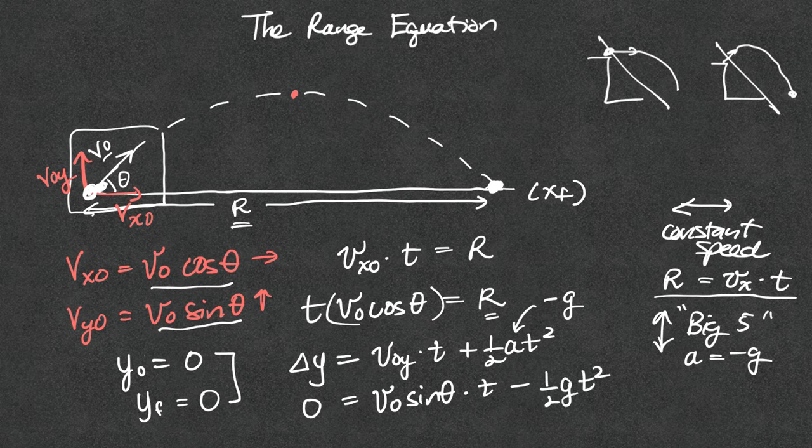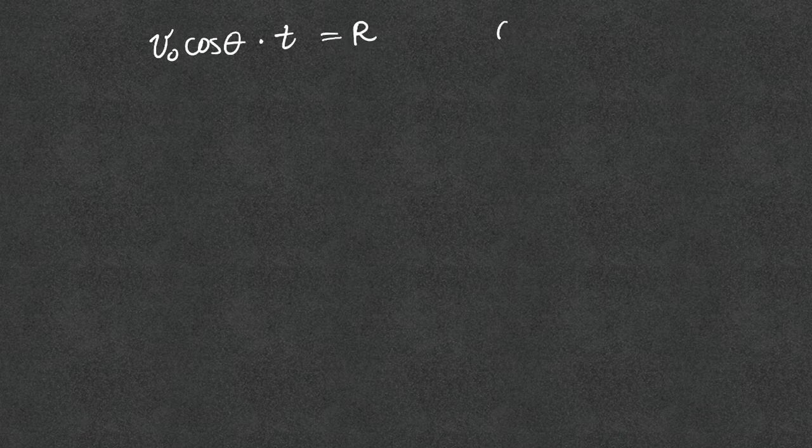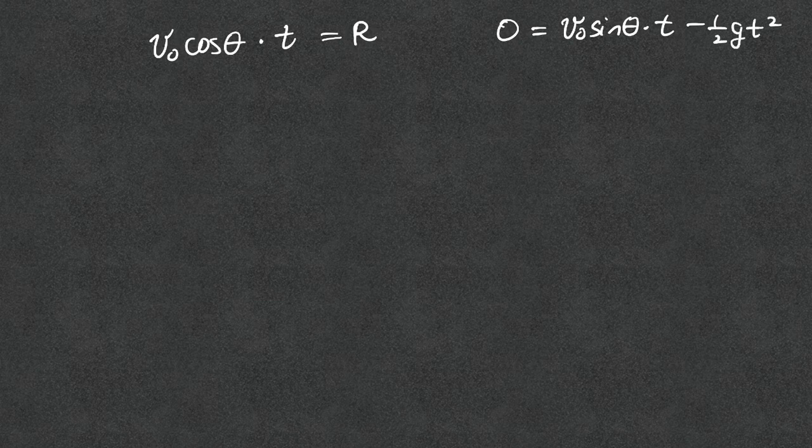Okay, so I have this equation, and I have this equation, and I'm going to go to a new page and write them both down again. So my two equations are v naught cosine theta, that's Vx, times time equals the range, and delta y equals v naught y, which is v naught sine theta, times t minus 1/2 g t squared.